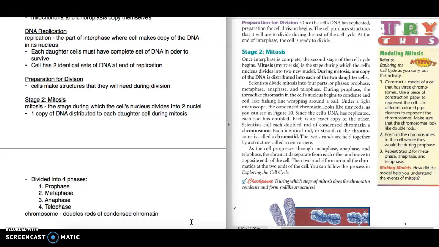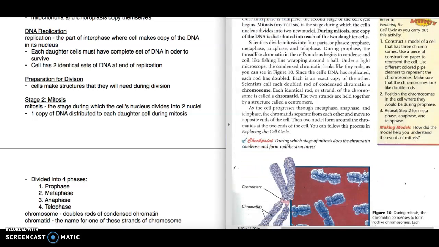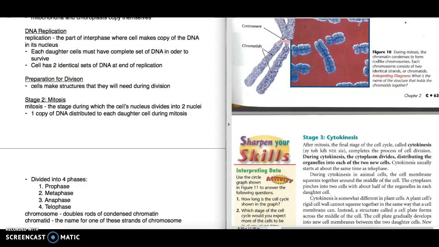A chromatid is simply the name for one of these strands of chromosome. And that gets us through the end of stage 2 mitosis.